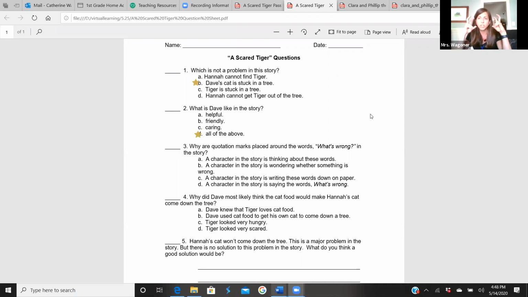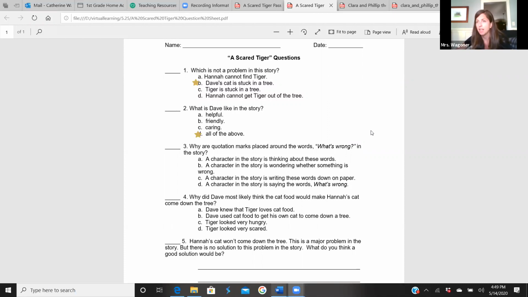Why are quotation marks placed around the words "what's wrong" in the story? Okay, we've learned about this before. A character in the story is thinking about these words. A character in the story is wondering whether something is wrong. A character in the story is writing these words down on paper. A character in the story is saying the words, "what's wrong."